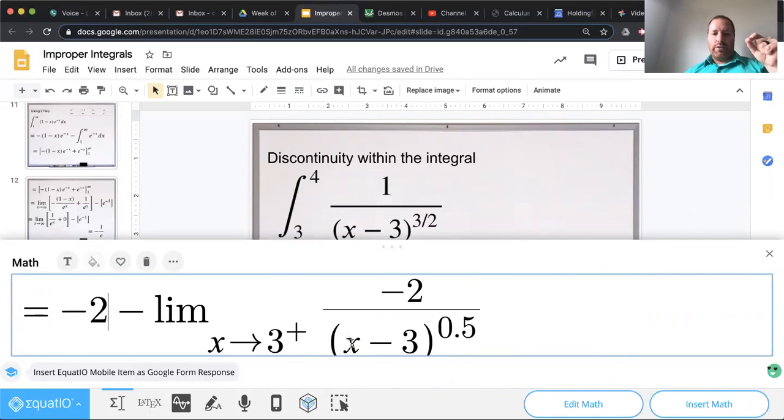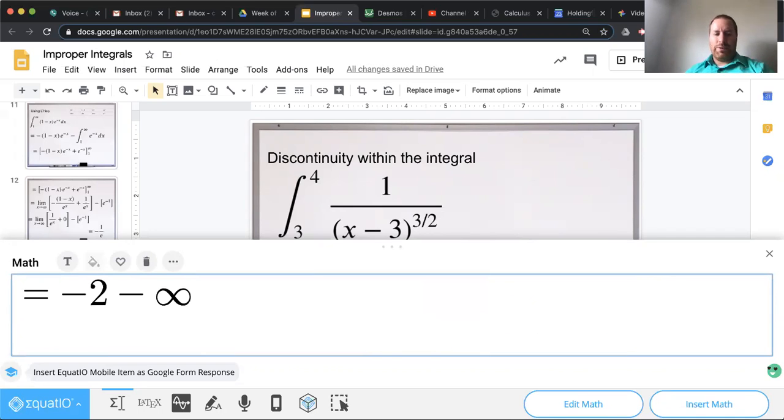This is approaching 3 from the right, meaning that we're using stuff like 3.1 minus 3, and then taking the square root of that stuff. And then we're taking 3.01 and 3.001. So this denominator is getting larger and larger, and so this whole thing is going to go to infinity, right? That's what's happening there.